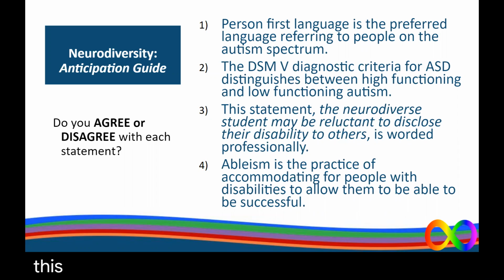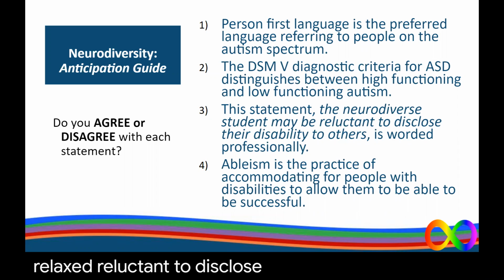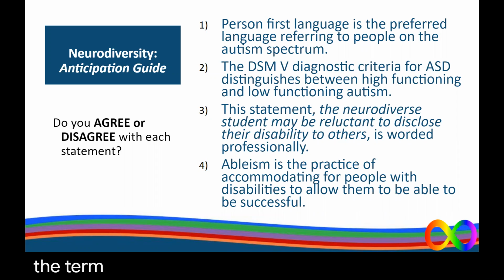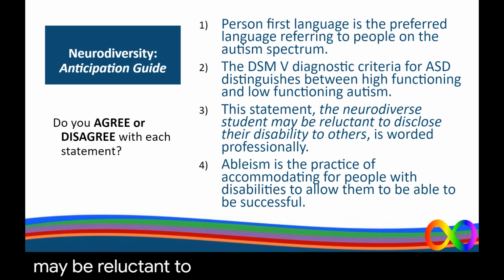Number three, the statement, the neurodiverse student may be reluctant to disclose their disability to others, is worded professionally. Now, this one may have been a trick statement. I hope you picked up the misuse of the term neurodiverse here and disagreed. In fact, the statement should read, the neurodivergent student may be reluctant to disclose.